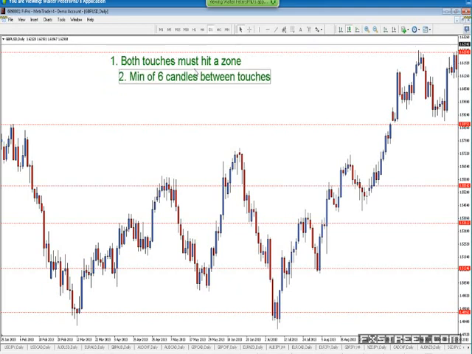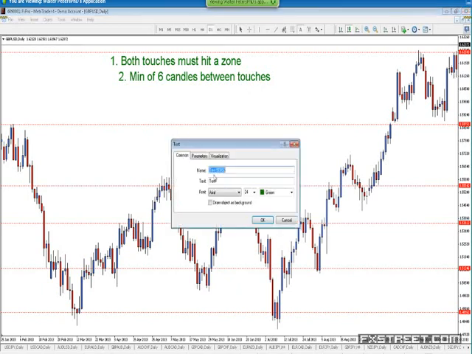And there are whammy trades, which are double bottoms, which is what we saw on that 1 hour pound chart. So we want to see 6 candles between touches, both touches hit the zone, and then a trigger candle.